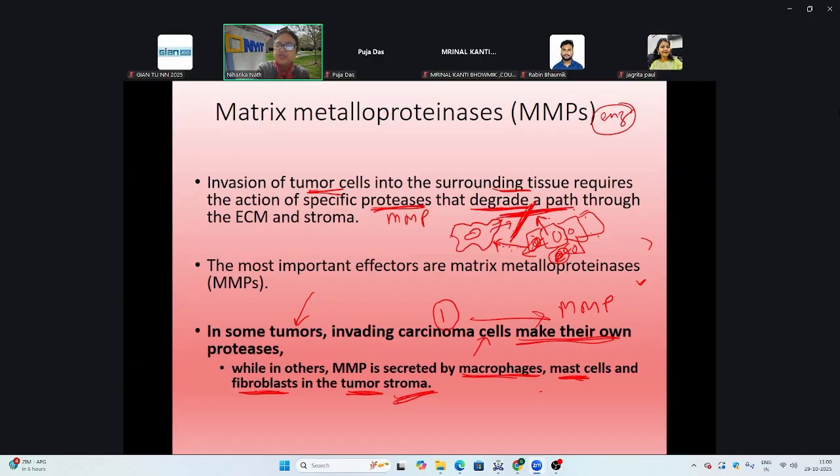So here it is. The macrophage will secrete it, and let me show you dots here. So it's doing the dirty work for the cancer cells, and then the ECM is degraded. So macrophages are recruited. A cancer cell is so smart that it'll tell the macrophage, come on and help me, please. And then the macrophages will do that.